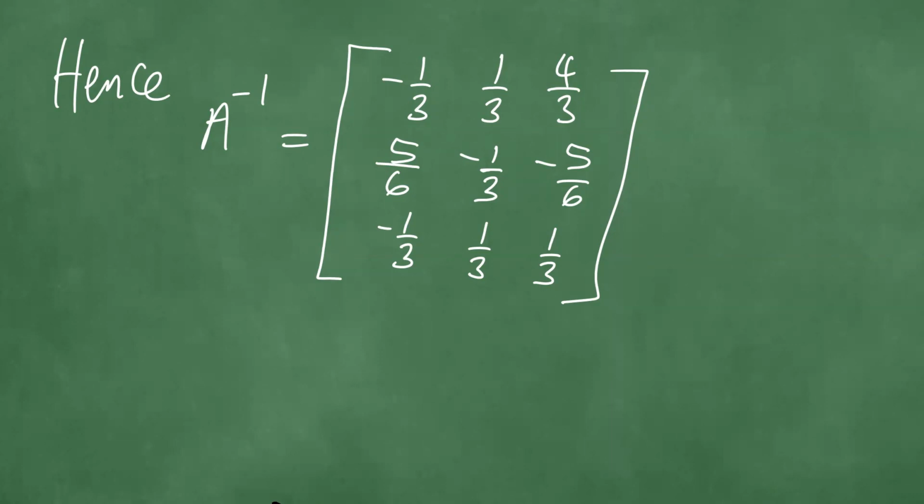We can multiply with the matrix A and verify that it is indeed the correct one. Minus 1/3, 1/3, 4/3, 5/6, minus 1/3, minus 5/6, minus 1/3, 1/3, 1/3. So it is the correct inverse, really, without wasting much time there. Right, so I've just checked that this is the correct matrix inverse, so there's no mistake there.